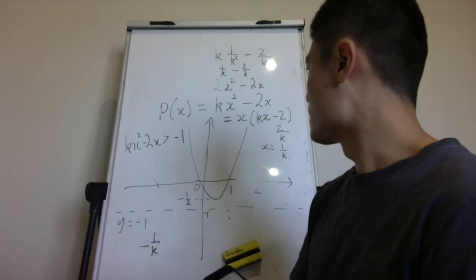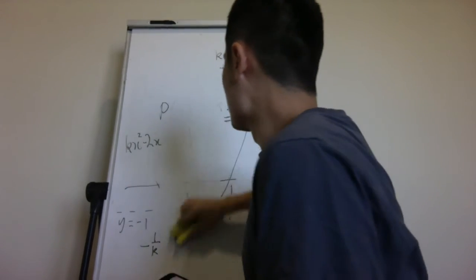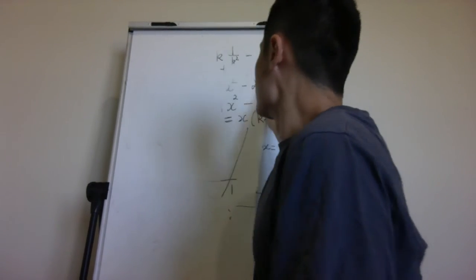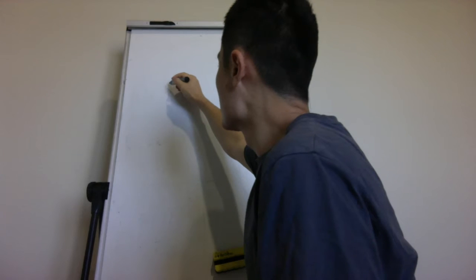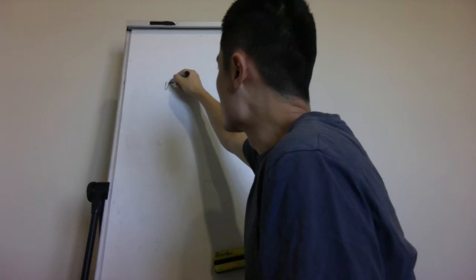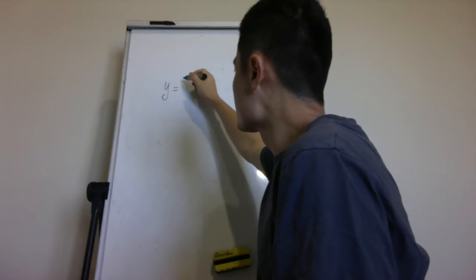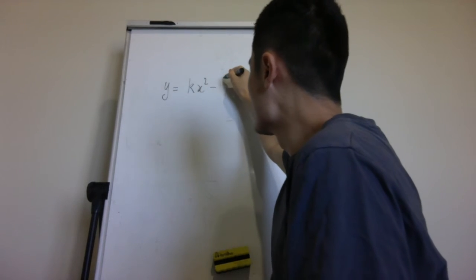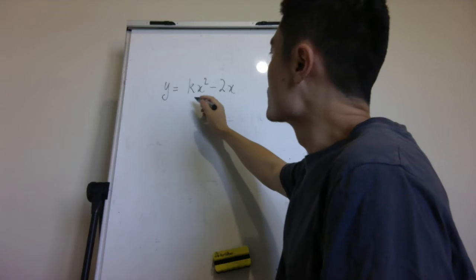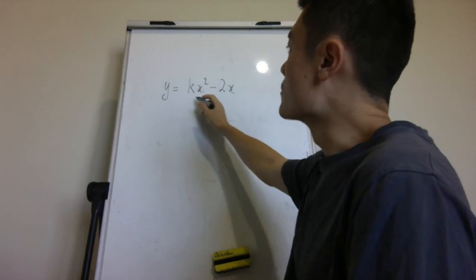Maybe we could summarize that a little bit. So we tried some values of k, and when we tried them, we figured out the general way of doing it. Okay, and so basically anytime you have a quadratic like this, the graph of kx squared minus 2x, we found the minimum value.